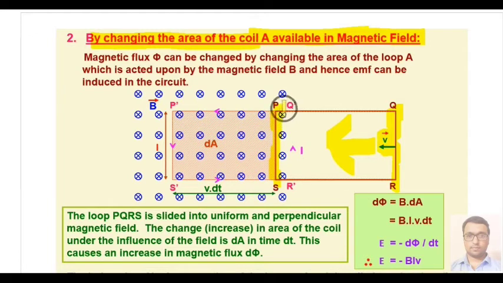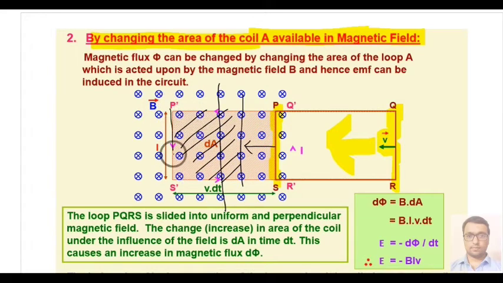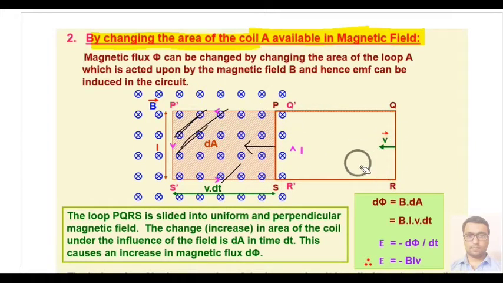As soon as this rod enters the magnetic field and keeps moving left, this particular area keeps decreasing. As the rod moves again toward P dash S dash, the area keeps decreasing. In this way you can produce EMF in the given circuit.